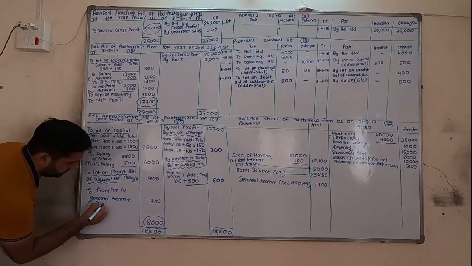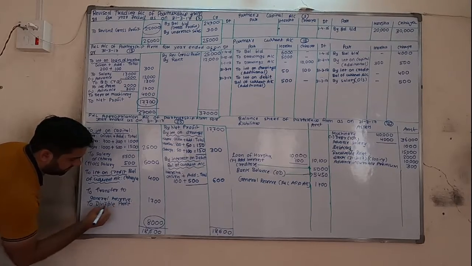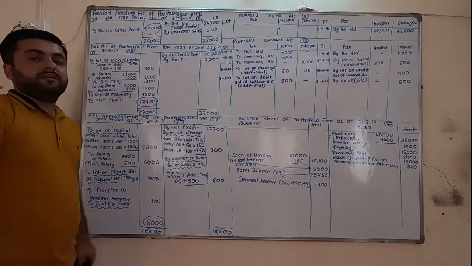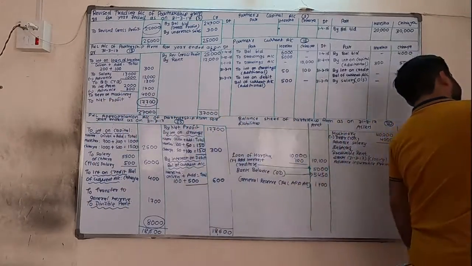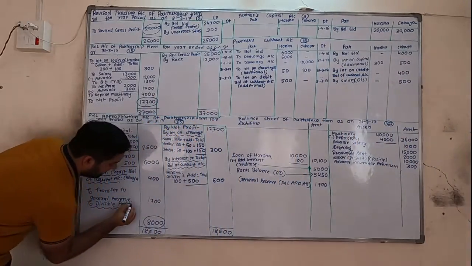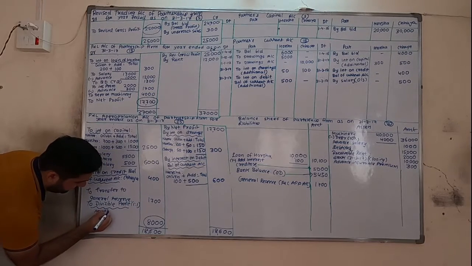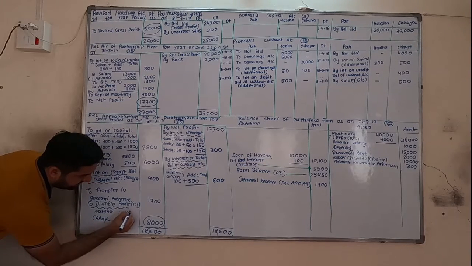To divisible profit. Now in the sum, is the P&L ratio given? No, it is not given. As the P&L ratio is not given, it is in the ratio of 1:1. So for Harsha and Chaya, each will get half of 4,000.